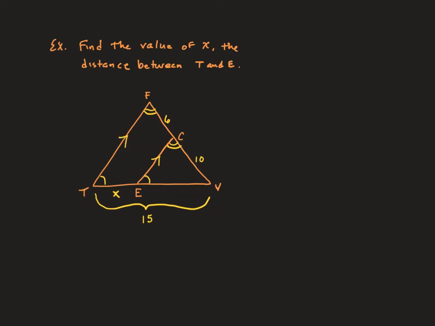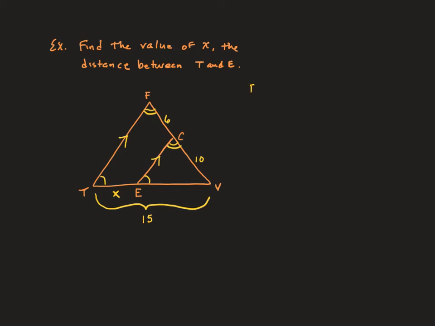Now, if those are parallel, we're going to be able to do angle-angle similarity just like before. And in doing so, I know that the ratio of this segment over this segment is going to be equal to the ratio of this segment over this segment.